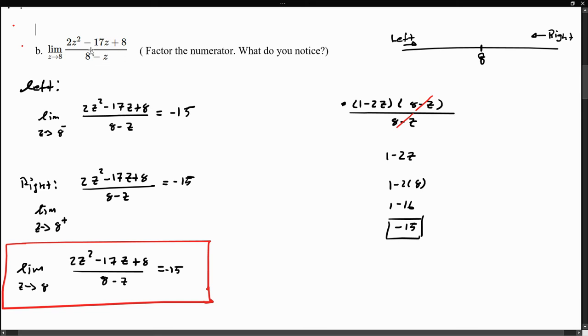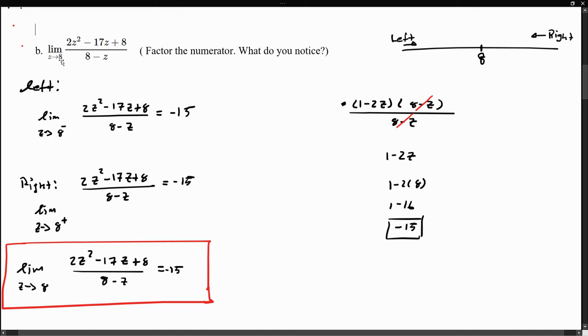So you might be tempted to say that the limit is undefined. But we just saw that the limit is negative 15. And the way that we get that value is by simplifying the numerator. And notice that we got the same value as the limit. So it is not good to just always substitute the value into the function and make that your limit, because again, the limit doesn't refer to what's happening at the value z equals 8.